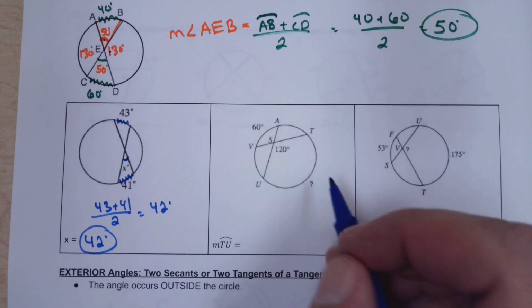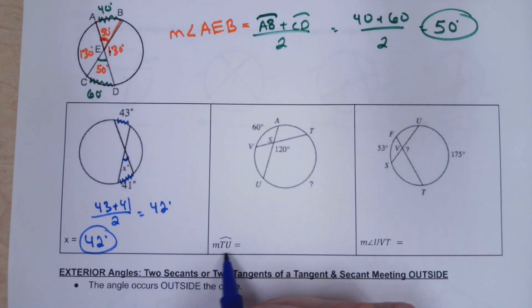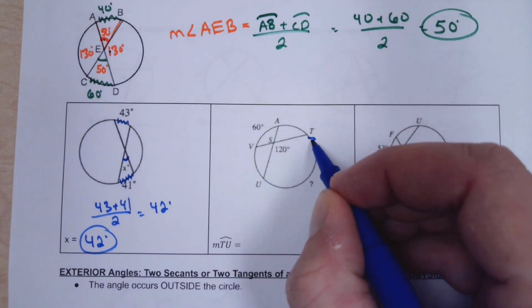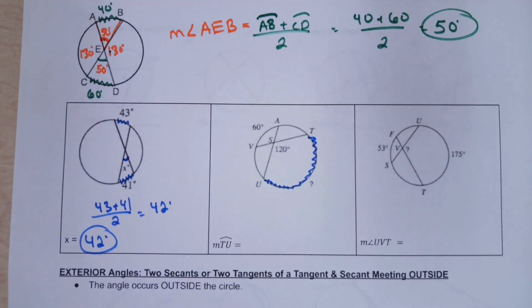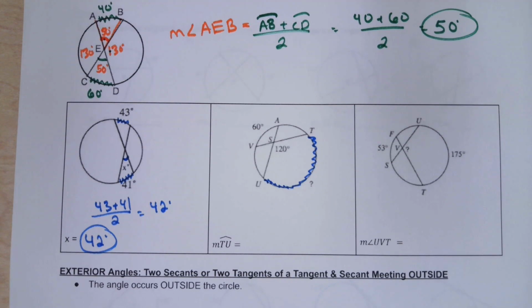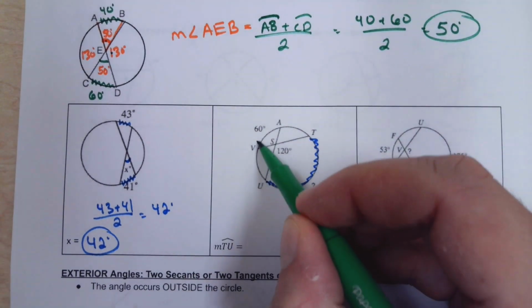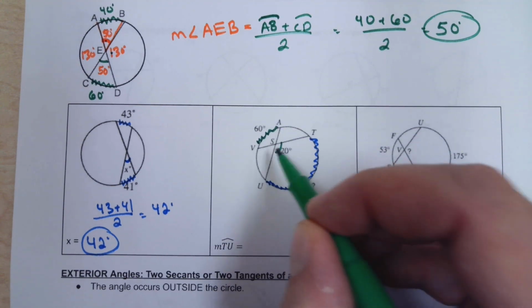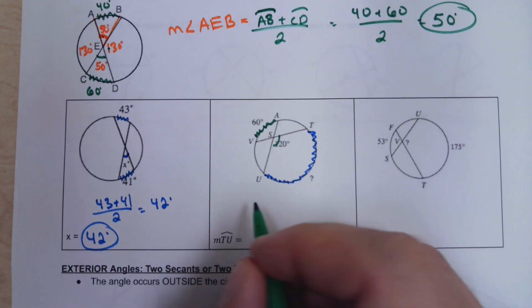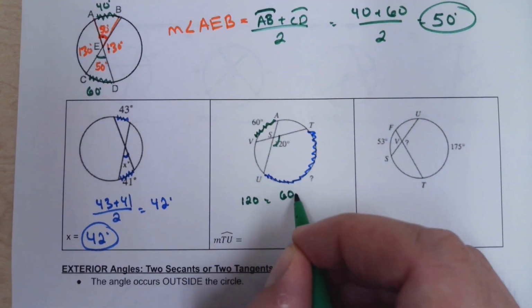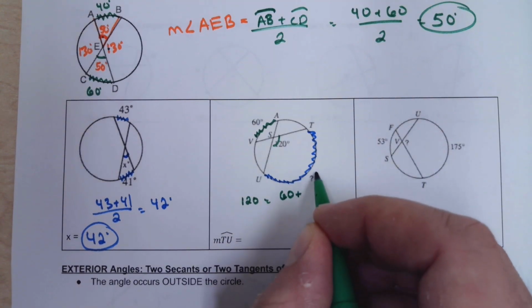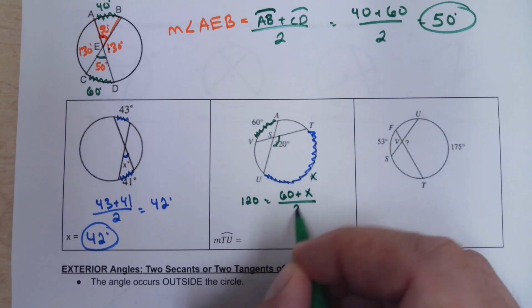Alright, a little bit different here. I want arc TU. So arc TU is there. I know that this arc is 60 and this angle is 120. So using what I know up here, 120 equals 60 plus X over 2.